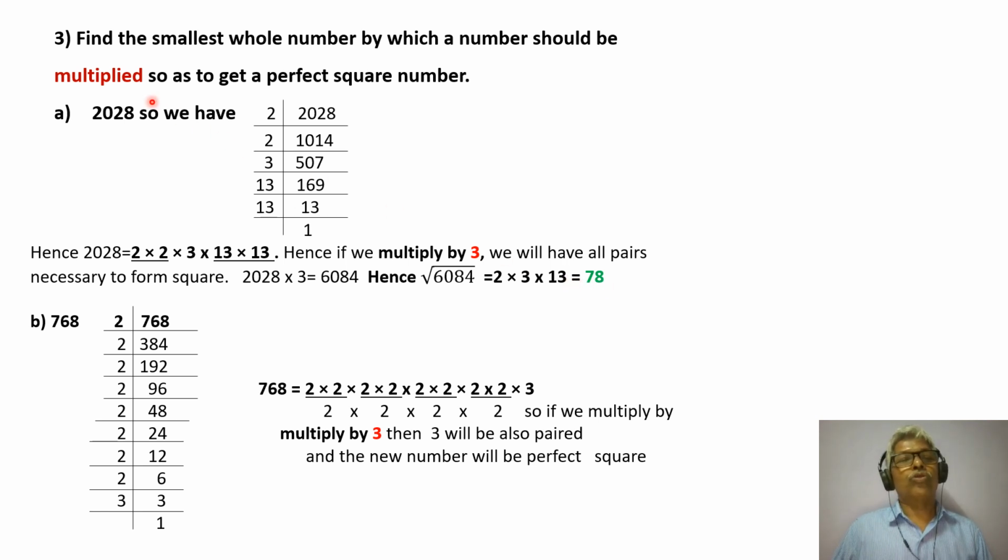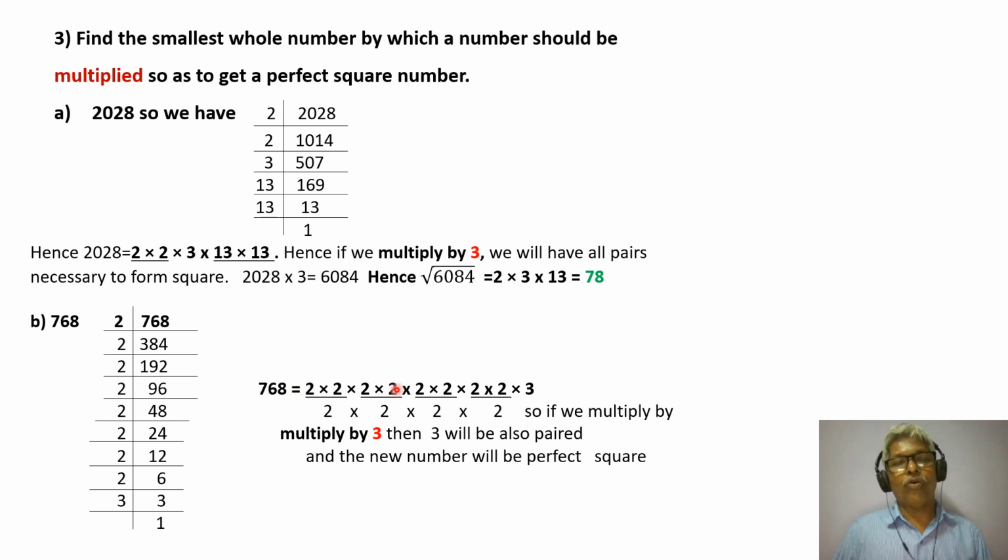Okay, so we have found a number by which it should be multiplied so as to get a perfect square. Okay, another example, 768. So we find the prime factorization of this. 768 divided by 2 is 384, then again by 2 is 192, then 96, then 48, 24. So we have so many 2's and another 3. We write it here, 2 into 2 into 2 into 2 into 2 into 2 into 2 into 2 into 3.